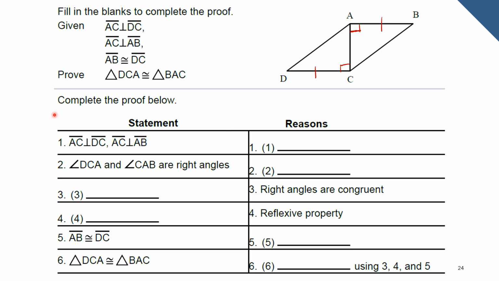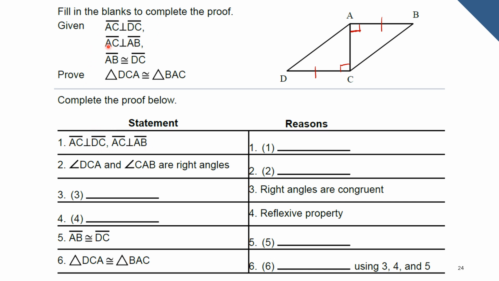We're supposed to complete the proof below, and the first line of the proof says line segment AC is perpendicular to line segment DC, comma, line segment AC, I said congruent to, didn't I? I meant to say perpendicular to. Let me start over. Line segment AC is perpendicular to line segment DC, and then line segment AC is perpendicular to line segment AB.